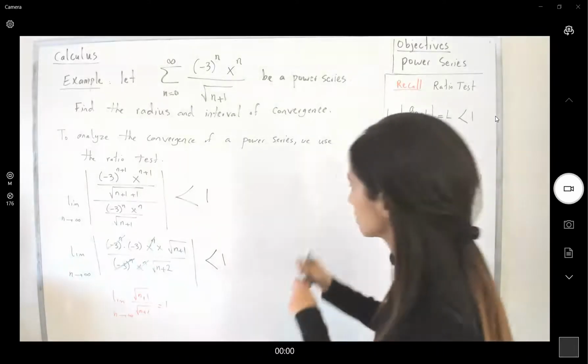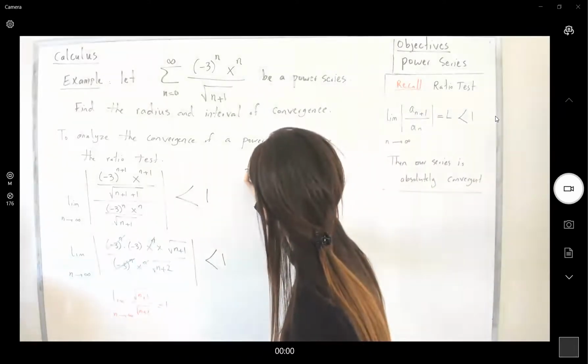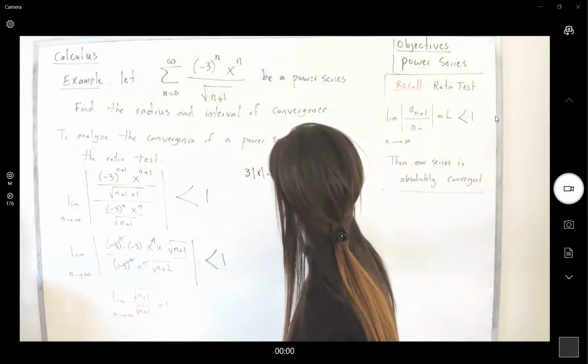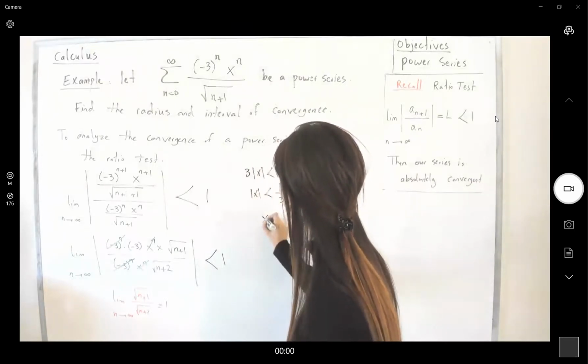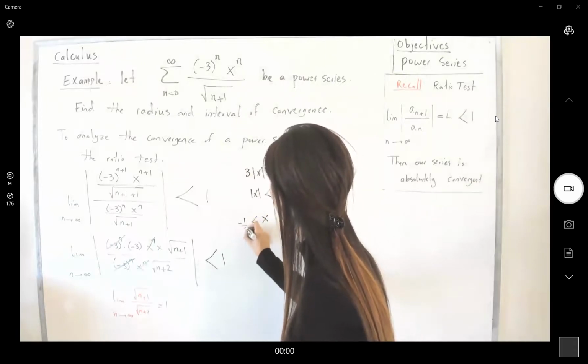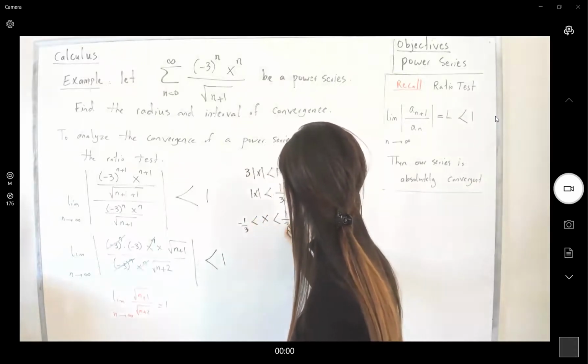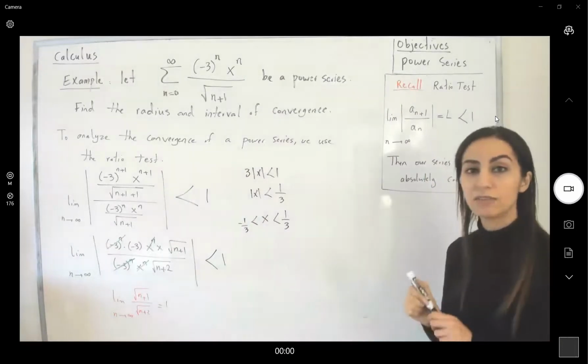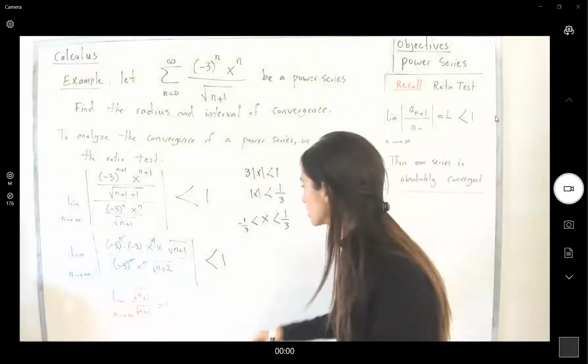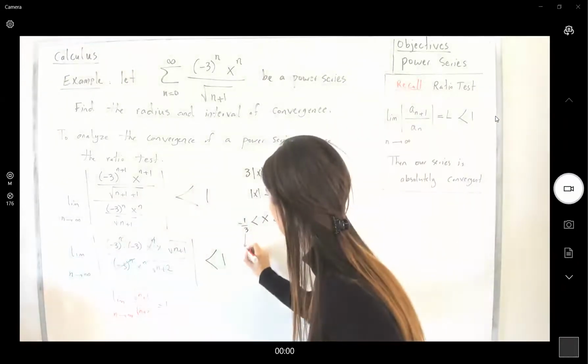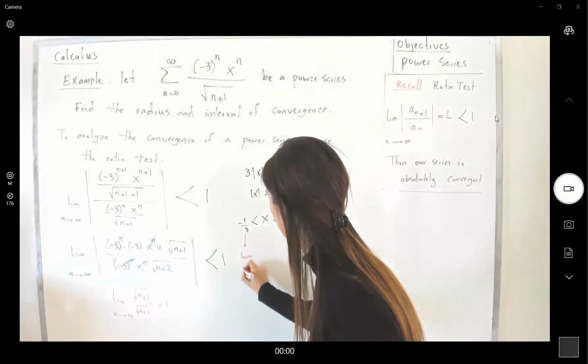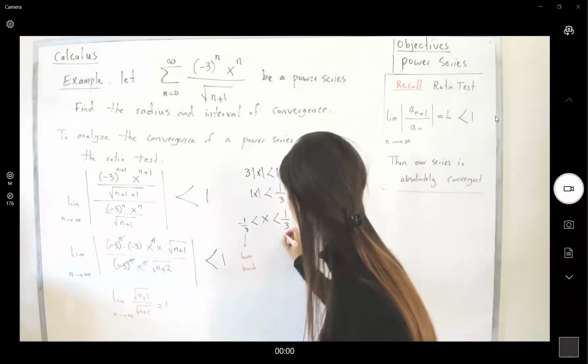So here, 3 times absolute value of x less than 1, so absolute value of x is less than a third. It means that your x is bounded between negative a third and positive a third. So the lower bound is negative a third and the upper bound is positive a third.